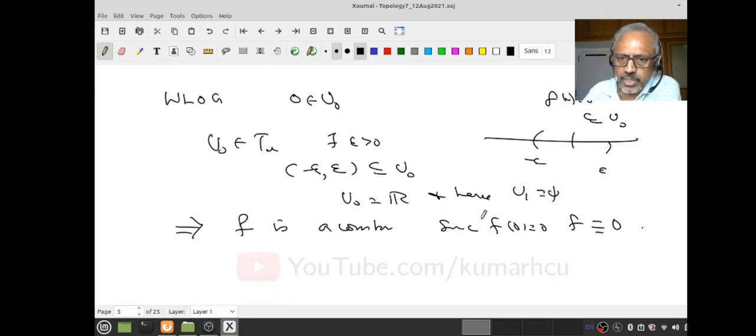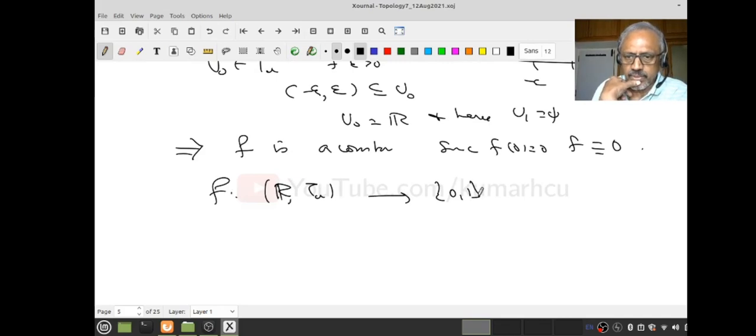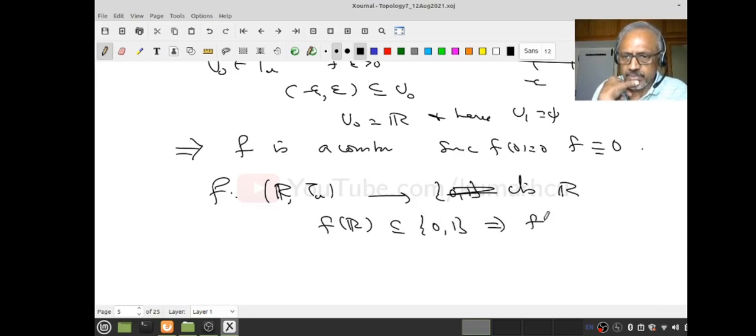So what have I shown? If f from R with tau u to {0, 1} is continuous, so f of R is contained in {0, 1}, that implies f of R is equal to a singleton, either 0 or 1, one of them.